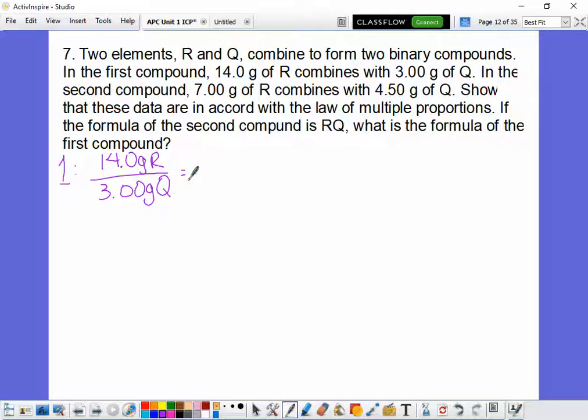So I'm just going to say 4.67. So that means for every gram of Q, I have 4.67 grams of R, right? I'm just reducing that down to compare it as 1 gram of a substance. Now let's do the same thing for compound 2, using the second set of data.